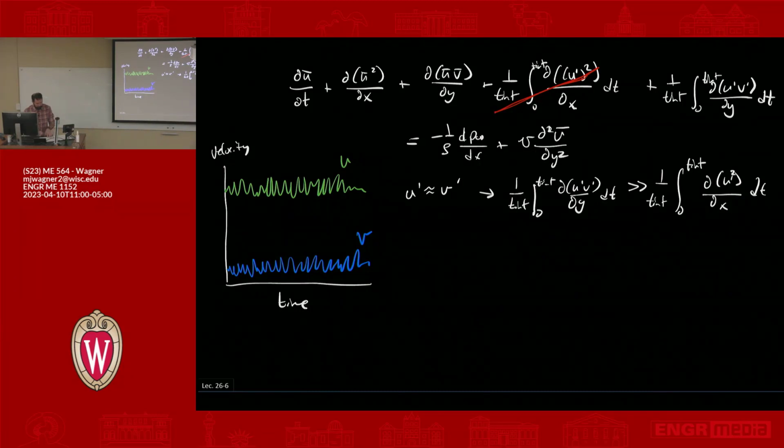So if we take that next step, we would write this out as the following here. So it would be partial ū with respect to t plus ū partial ū with respect to x plus v̄ partial ū with respect to y.